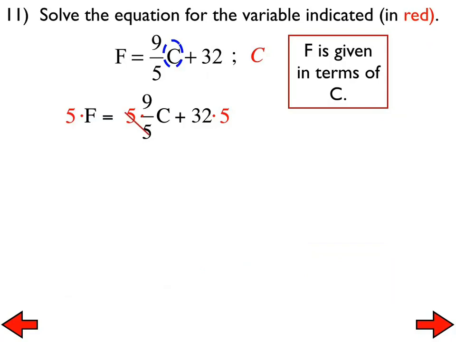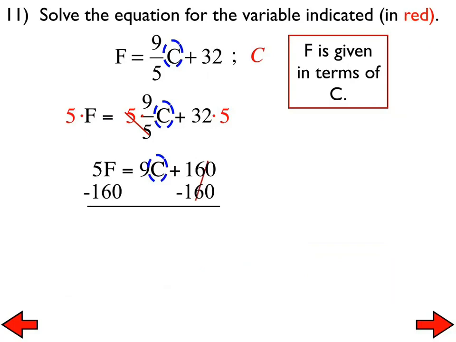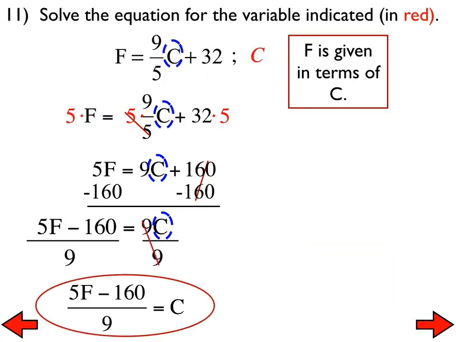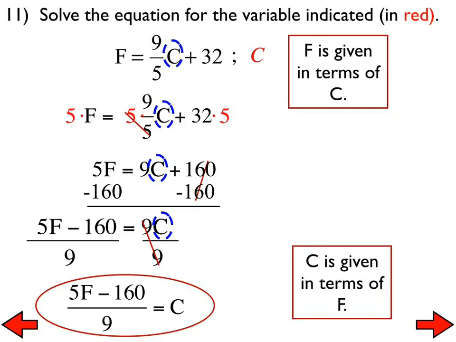So that would give me 5f equals 9c plus 160. Subtract 160 from both sides, which means I now have this, and then divide both sides by 9, and I have c now in terms of f. Any questions about either one of those?